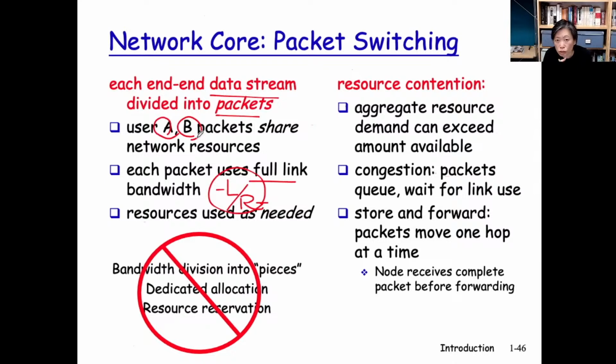There's no such situation as in circuit switching where B gets all the resource, sitting idle, and A, having lots of data to send, doesn't get anything. So there's no idle waste there.